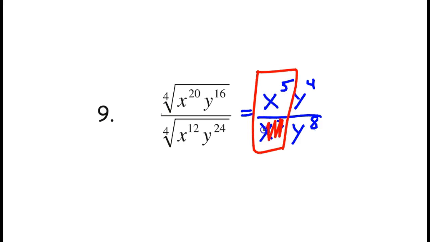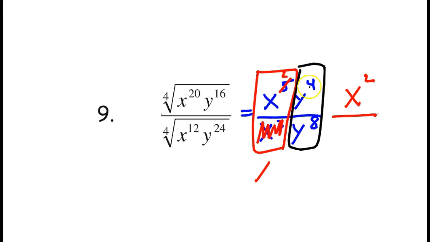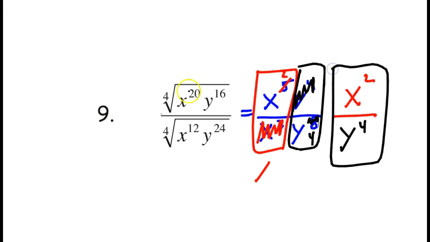So 3 of these will cancel out 3 of these, leaving you with only 2 left over on top. And in the same way, we have 4 y's on top, 8 on the bottom. So these 4 will cancel out with 4 of these, leaving you with 4. So we got y to the 4th on the bottom. Again, it looks intimidating with all these square roots and there's a 4 in there. You're not used to seeing that. But in the end, it's a lot faster than you think.